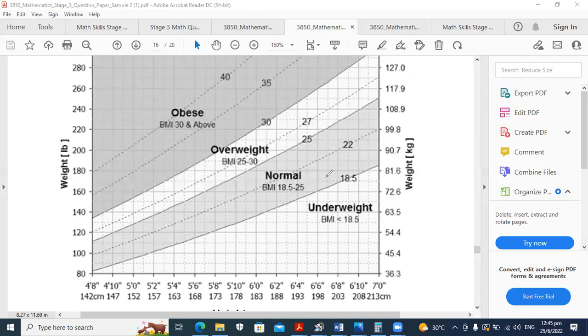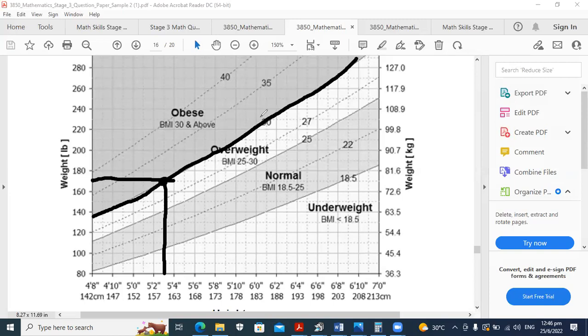Let me do it again. 170, 5 feet 3. Yeah, the person is overweight. It's right on the upper part. So it covers right all of this section here, which is about 30.